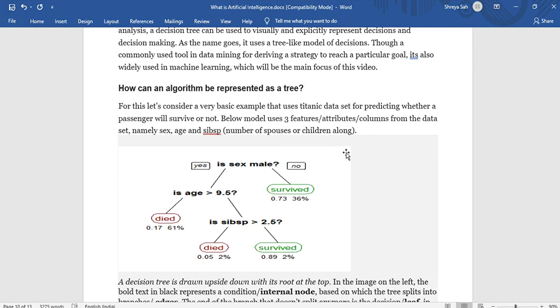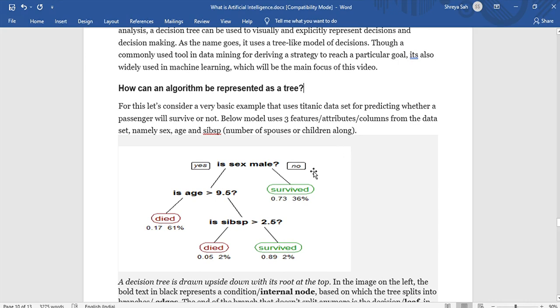There is one dependent variable, whether he'll survive or not, and there are many independent variables, the independent variables being sex, age, and number of spouses or children along. These variables basically decide whether the person will survive or not in the Titanic dataset.